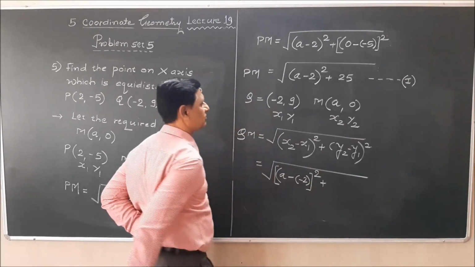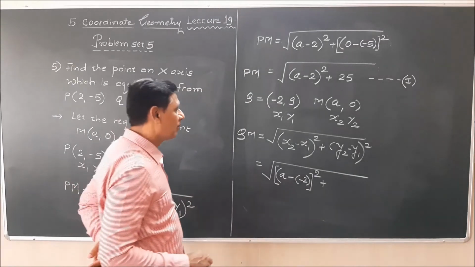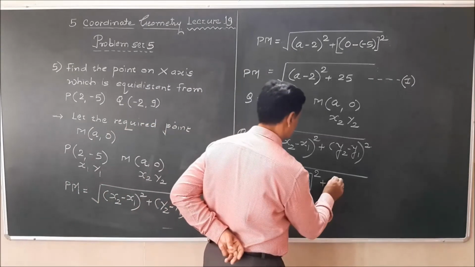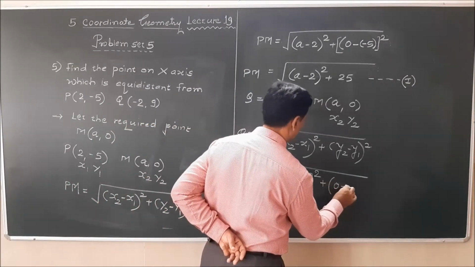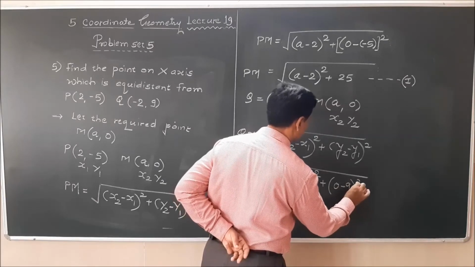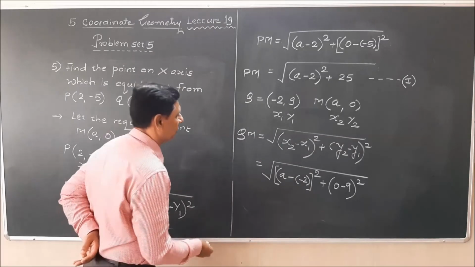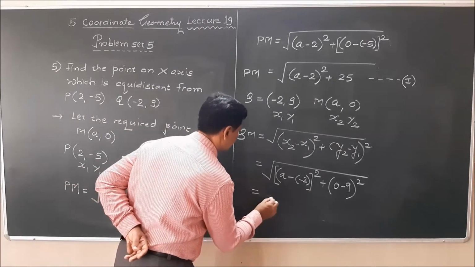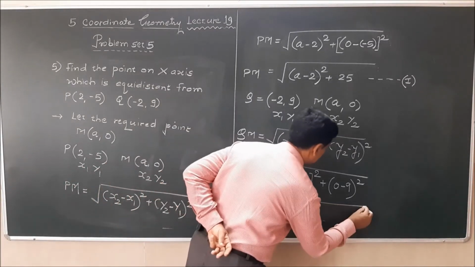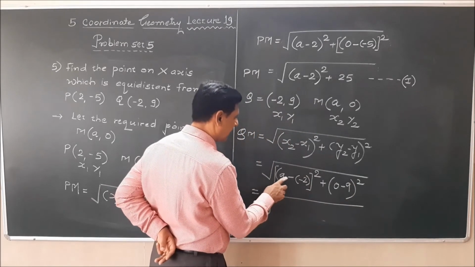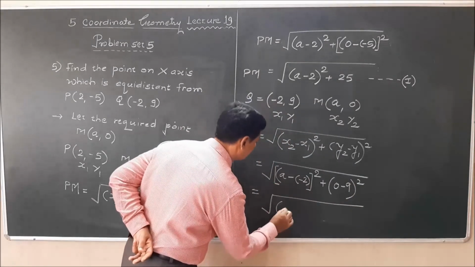x2 minus x1 the whole square plus y2 minus y1, that is 0 minus 9 the whole square. x2 minus x1 the whole square, a minus of minus 2. So that is equal to... Next step is a minus into minus is plus.